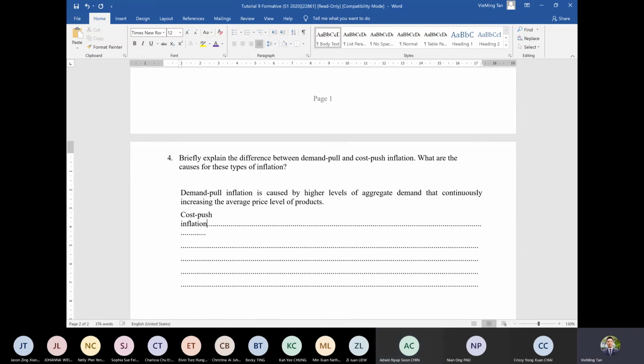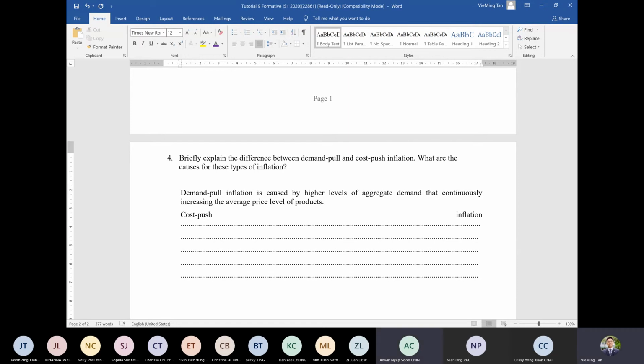Inflation happens when the cost of production is continuously increasing, that leads to an increase in the average price level of products.